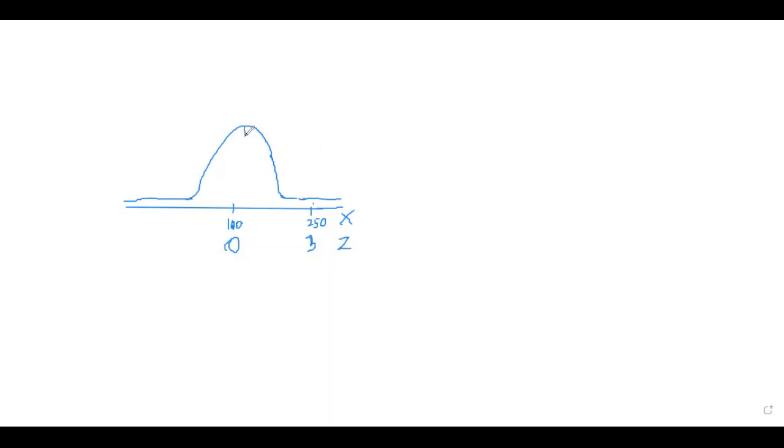It is symmetrical. The first one, the standard deviation was 50, and after we transform into Z value, we got the standard deviation to be 1. So the standard deviation helps us to know how many standard deviations X is far away from the mean.